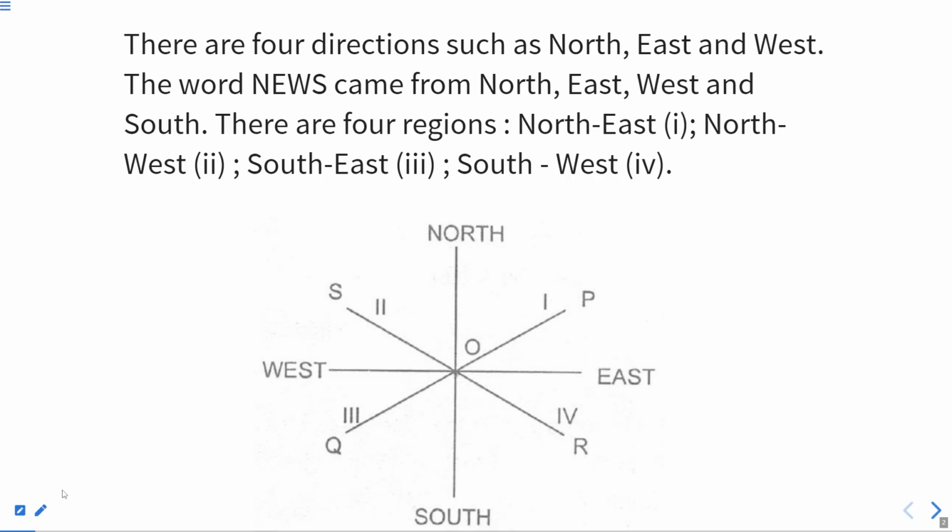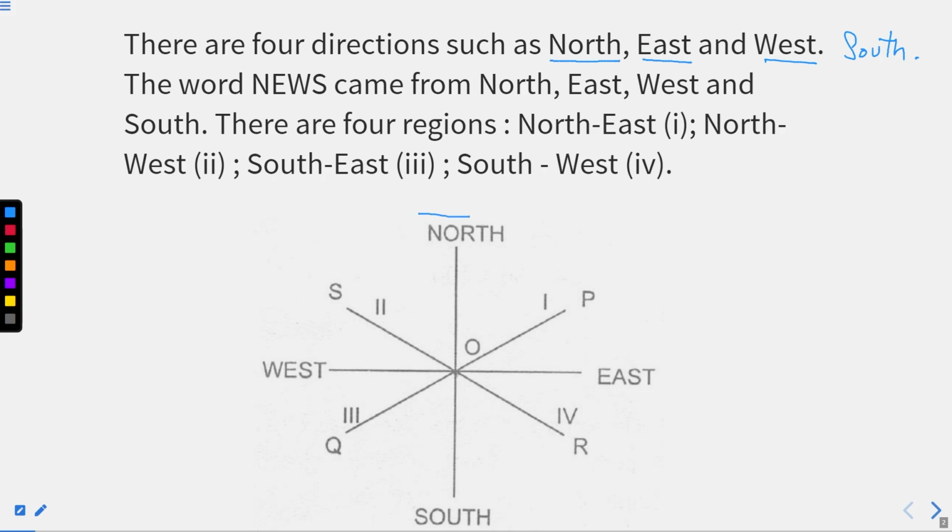Here you can see there are four directions, such as, you all know that, north direction, east direction, west direction and the south direction, right? We can write south here as well. So where are all these directions in the diagram?